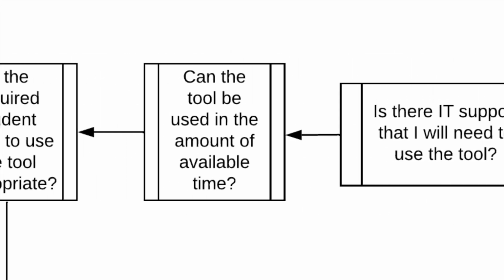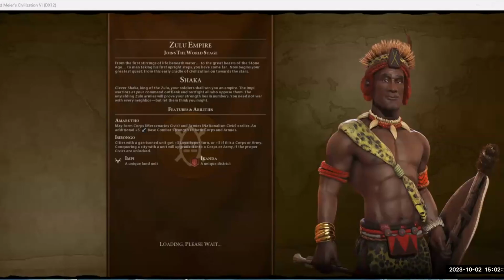Can the tool be used in the amount of available time? This is one of the bigger concerns because civilization can take a while to play. Therefore, I may have to scale back, going back to the idea, how much I think I want students to be able to do. What is the tool going to be used for?